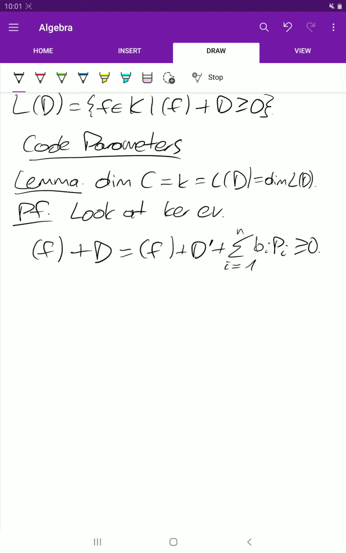And now let's look a little bit further. So that's what we have always, and now let's take an element from the kernel.